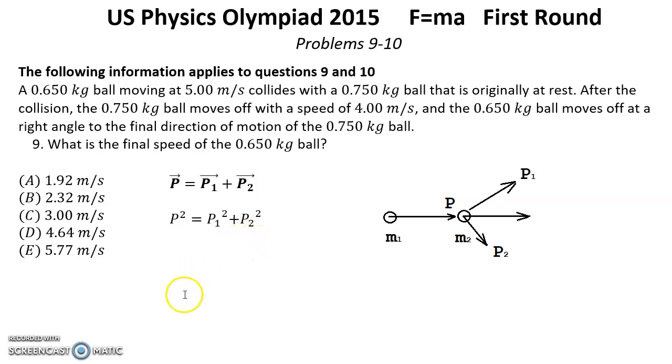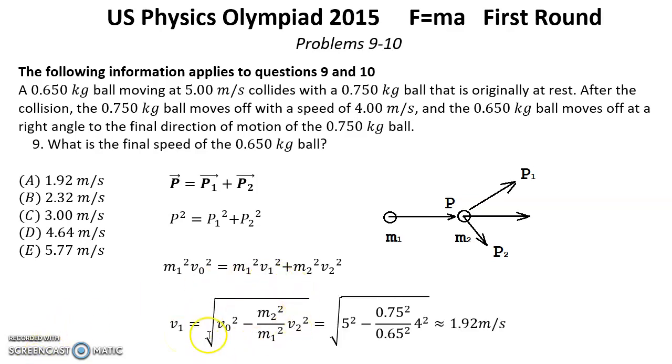And now we can insert the momentums. We have this equation from which we can find the speed of the first ball v1 after collision, equal to this expression, or after putting in numbers we have 192 meters per second, which is answer A.